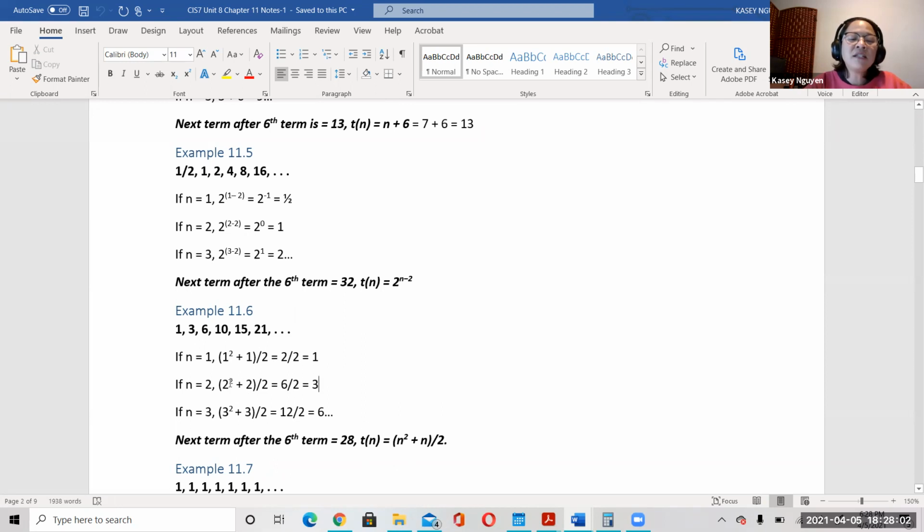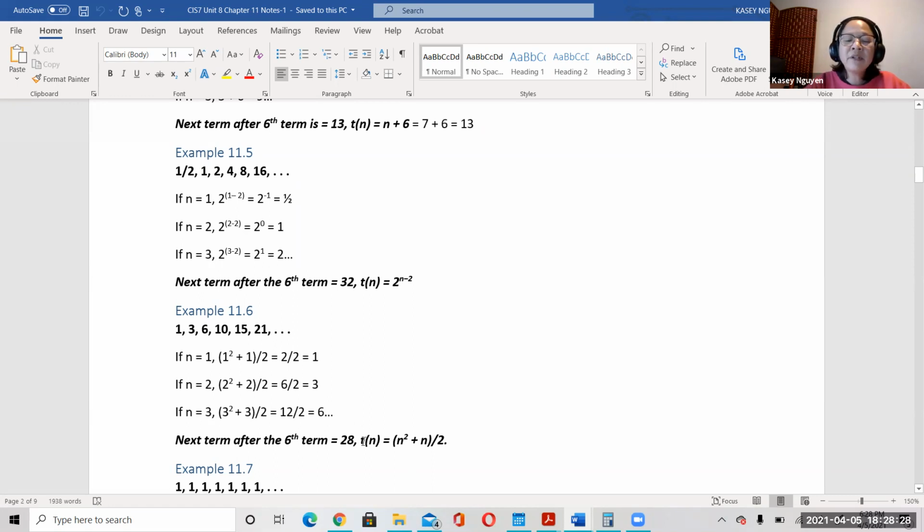We start to see a pattern: when we square the n, add the n, then divide by 2, we get that sequence. If n is equal to 3, again we take 3 squared plus 3, and divide by 2, which gives you 12 over 2, or 6.